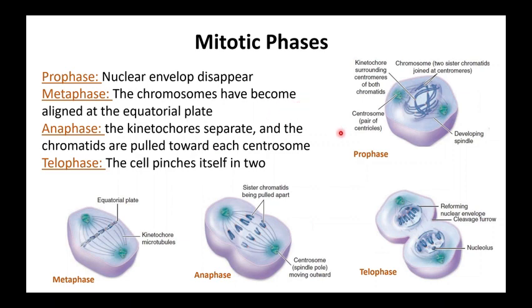Some microtubules are attached to the chromosome at the point of the kinetochore. So those are called kinetochore microtubules. Now these chromatids are pulled towards the centrosome. These microtubules kind of pull the chromatid toward the centrosome.